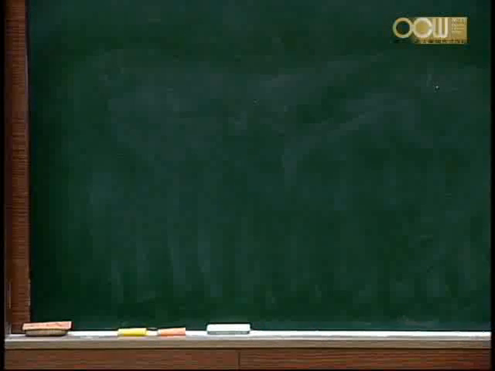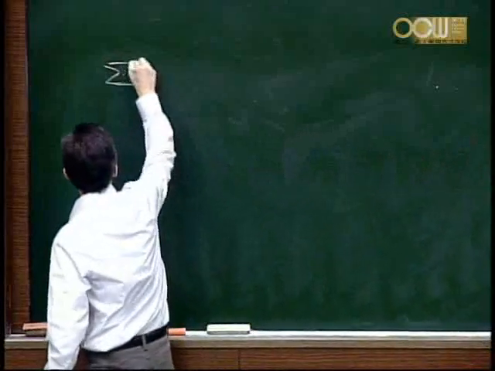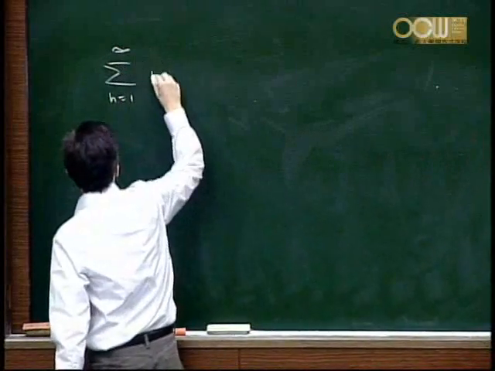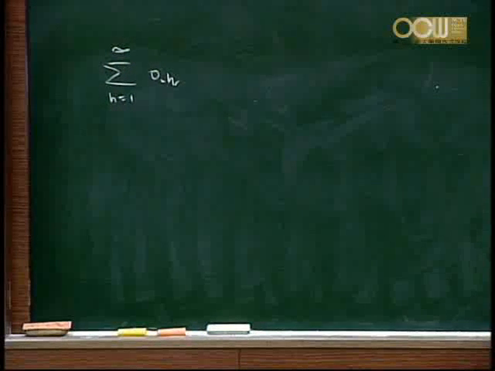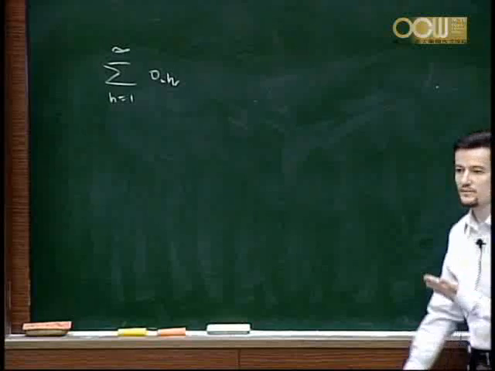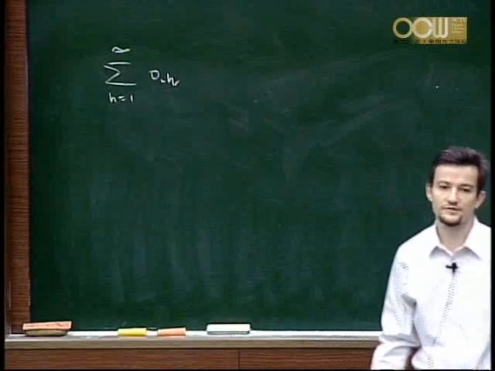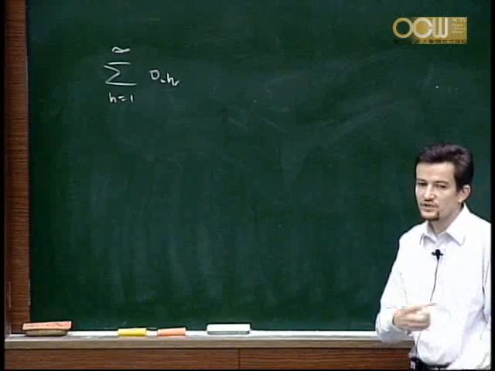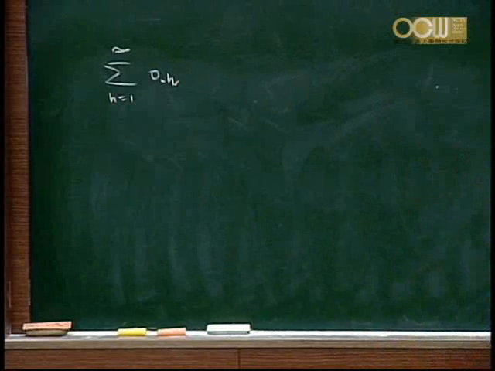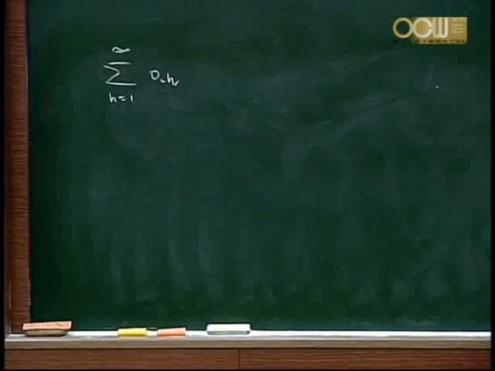Okay, the question is, all the rules you know from finite sums, are they true for a convergent series as well? One such question would be, if you rearrange the order of the terms, is the rearranged series again convergent, if the original series is convergent? And if yes, is the sum the same?